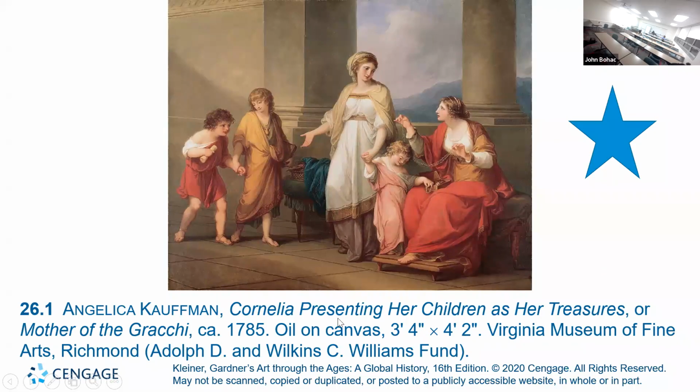Angelica Kauffman, Cornelia Presenting Her Children as Treasures, or the Mother of the Gracchi. We don't really have an idea what the real painting title is, but it's late 18th century. It's in England. Angelica Kauffman was an English painter.